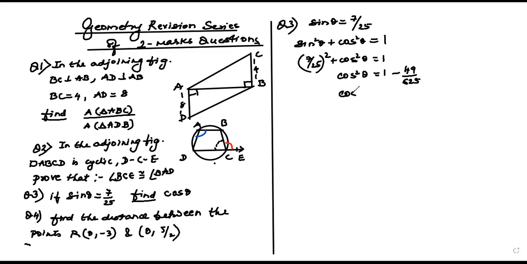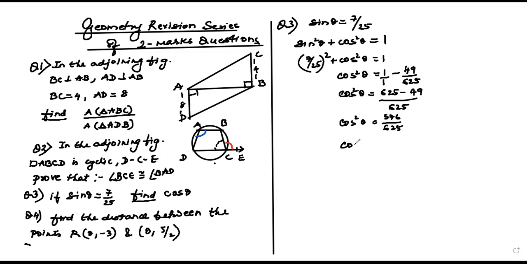Now cos square theta equals 625 minus 49, the whole thing upon 625. When you solve it, cos square theta equals 576 upon 625. We did cross multiplication: 1 can be taken as 1 upon 1, then we cross multiply. And this is what I got.